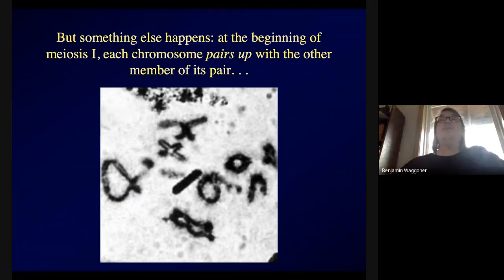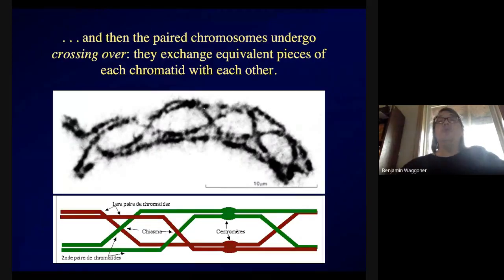And the paired chromosomes undergo something called crossover. They exchange equivalent pieces of each chromatid with each other. So when the two chromosomes are paired up, they'll both break and swap pieces. They'll both break at the same point and trade pieces, or each one will pick up the other one's broken piece. That's called crossover.